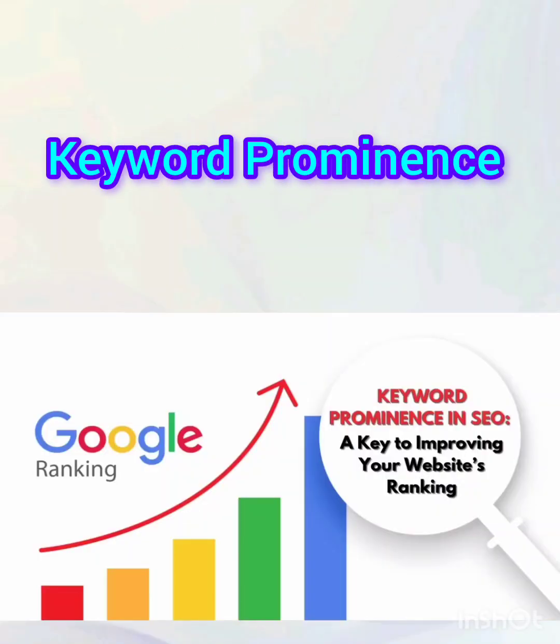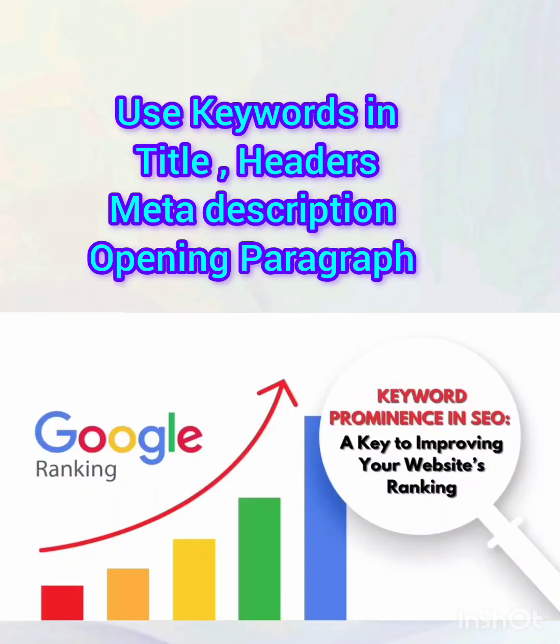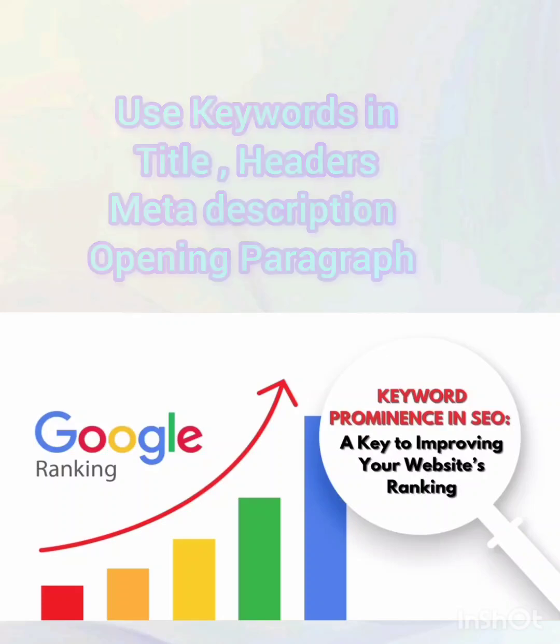Keyword prominence refers to how noticeable a keyword is to a search engine, and ideally the most important words should appear in the most important places. You can use the keywords in titles, headers, or initial or opening paragraphs, for example, hashtags and meta titles.